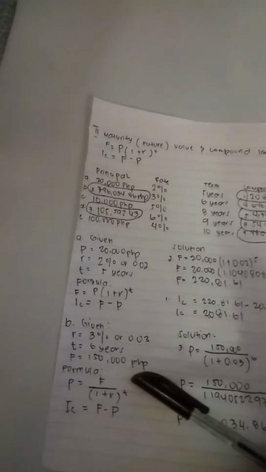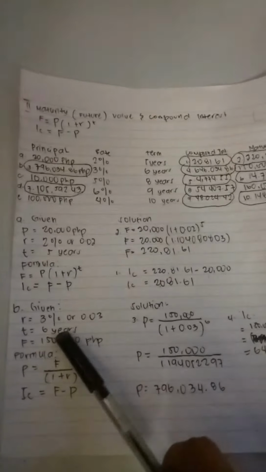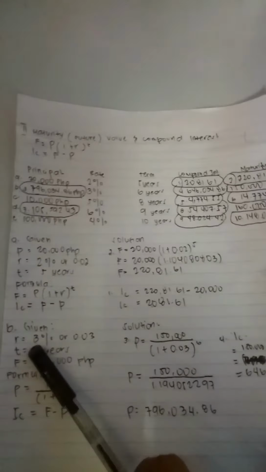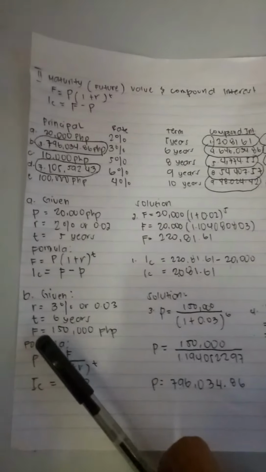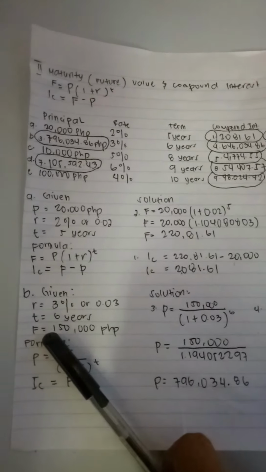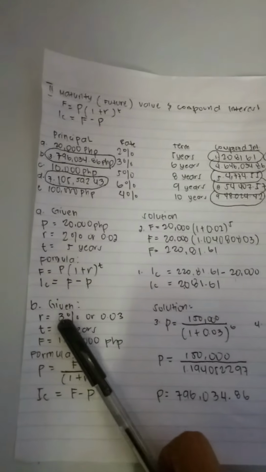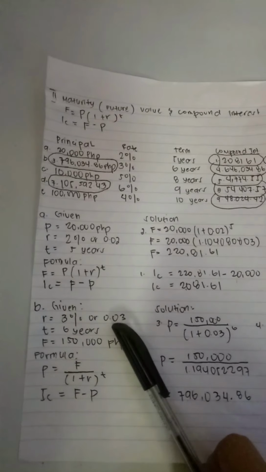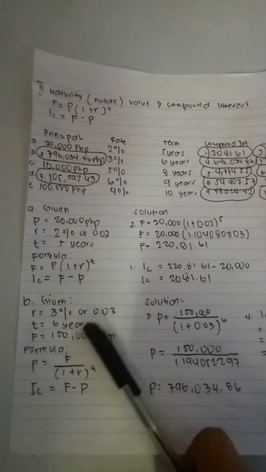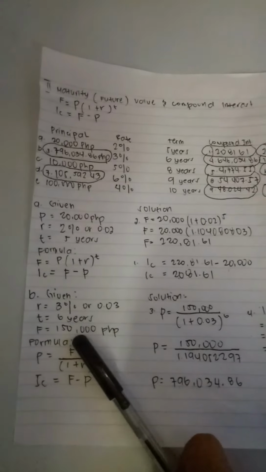The next naman po is letter B. We have a given, we have a rate, term, and maturity future value. We have a rate is 3% or 0.03. Then time 6 years. Future value is 150,000.